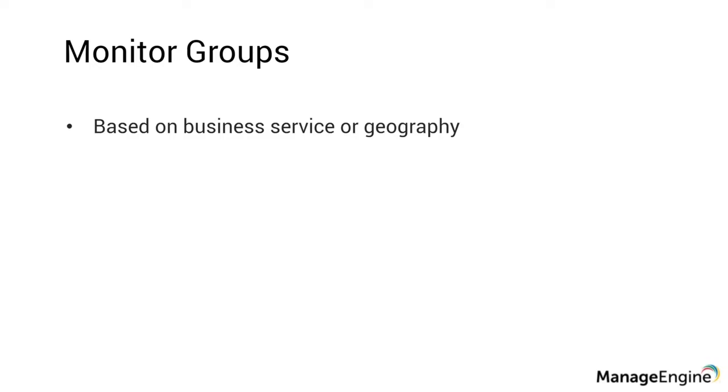Now I could actually create monitor groups based on geography as well. Assuming the same business service, Global Travel App, if I were to operate that service from a particular geographical location, I might as well create a monitor group with that geographical location's address.